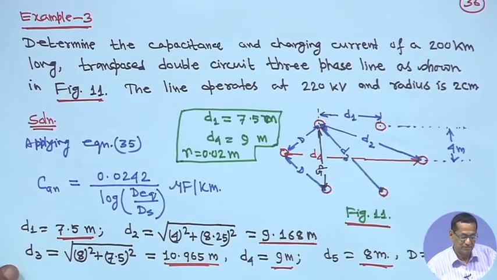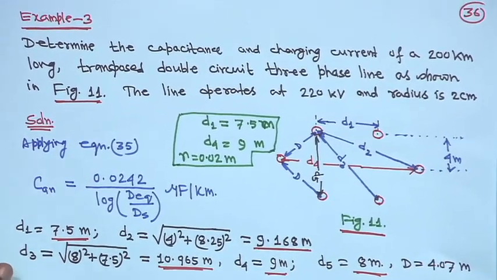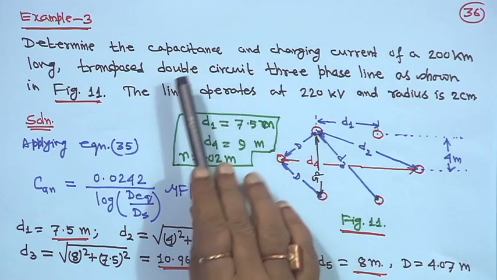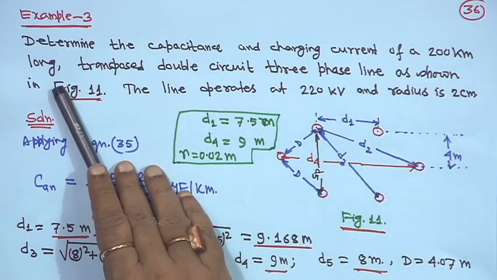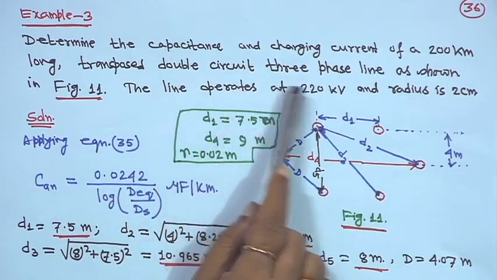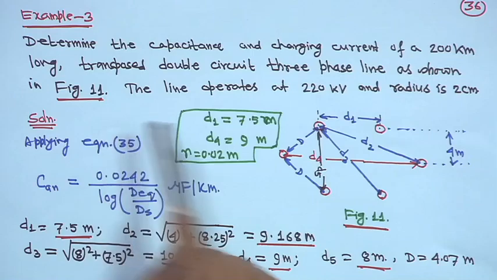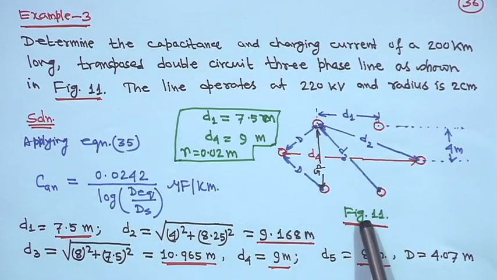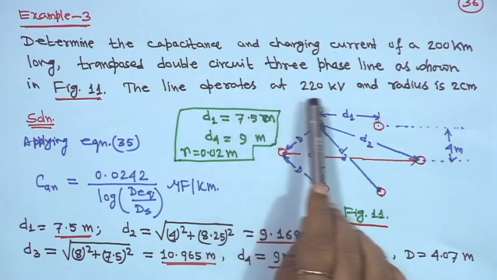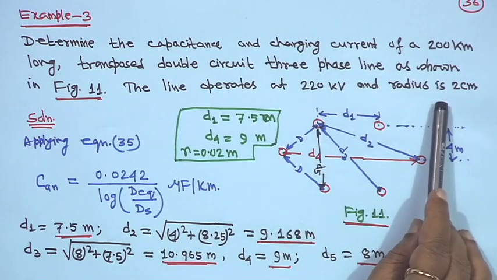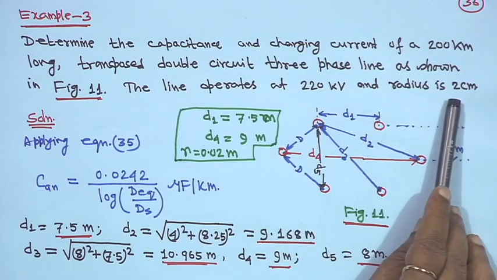Next you come to another example, example 3. In that case you determine the capacitance and charging current of a 200 kilometer long transposed double circuit 3 phase line as shown in figure 11. That means, this is your figure 11. The line operates at 220 kV and the radius of the conductor is given as 2 centimeter.